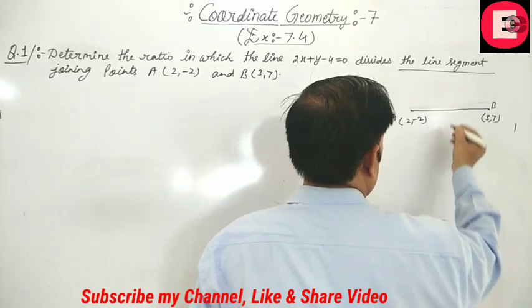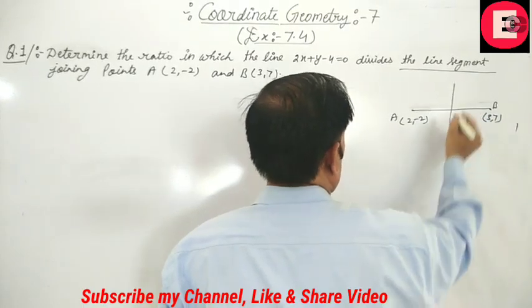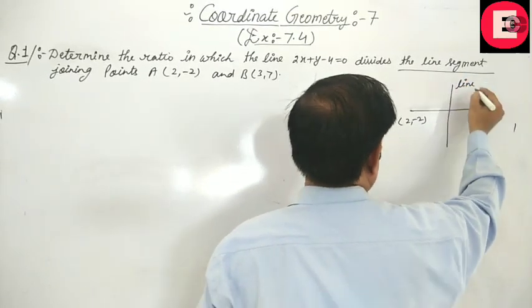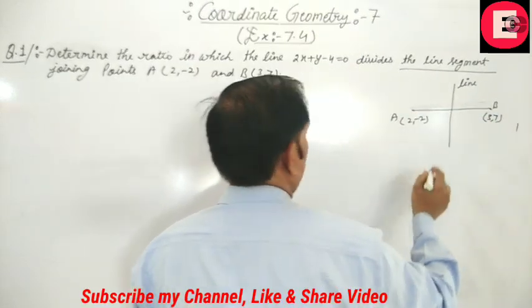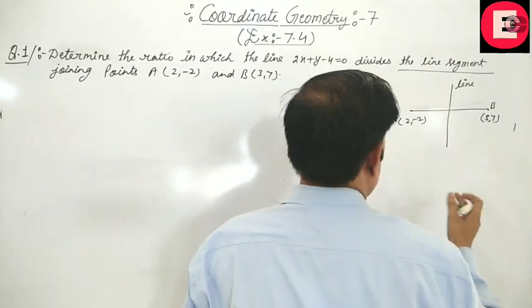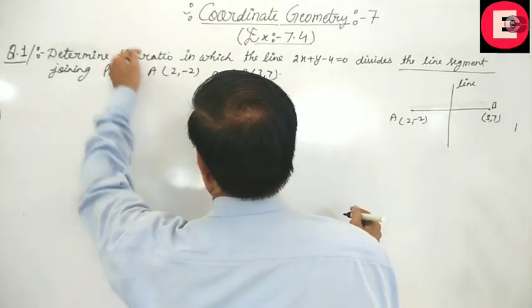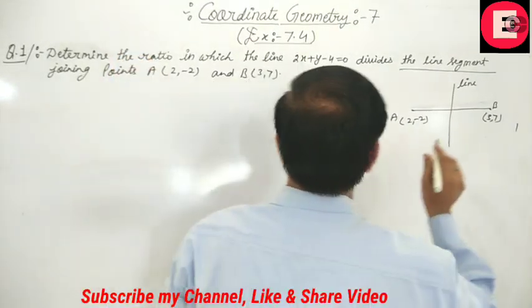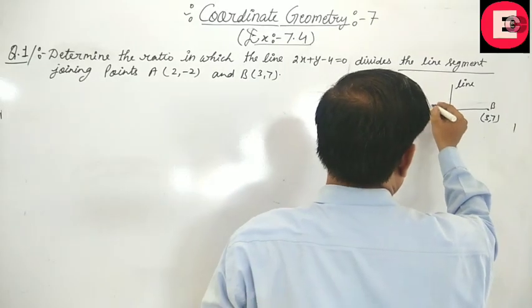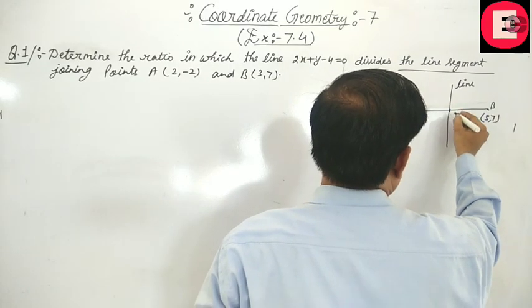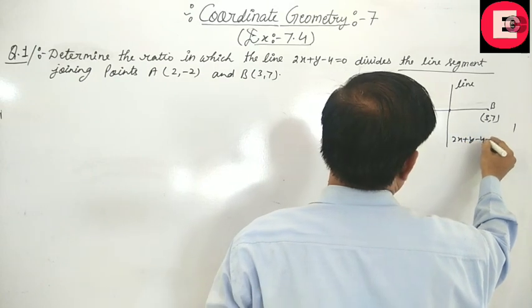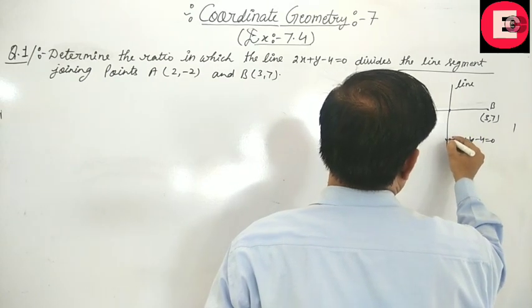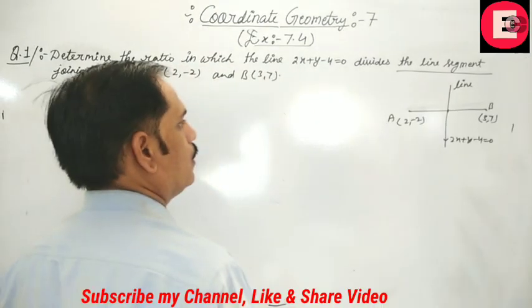Okay, and this is a line which divides the segment AB into some ratio, and we will have to find out the ratio here. The line is 2x + y - 4 = 0. This is the line.